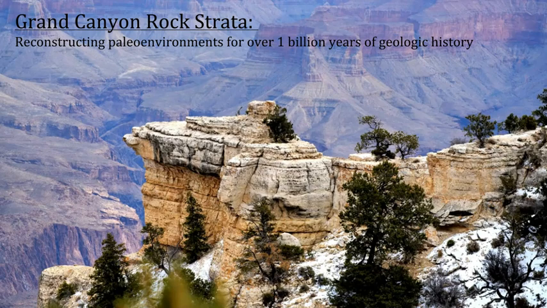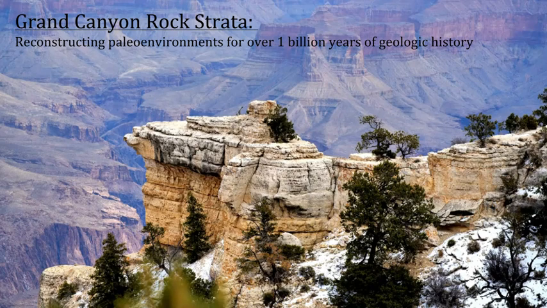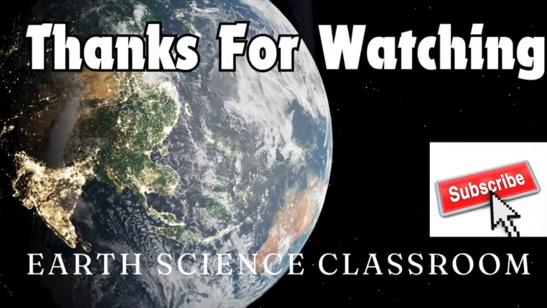But you have this beautiful history book shown by the different layers and strata of sedimentary rock and how these rocks form in certain depositional environments. And we can reconstruct this all the way back to 1.8 billion years down to the inner gorge and the basement rocks. This is the Earth Science Classroom.